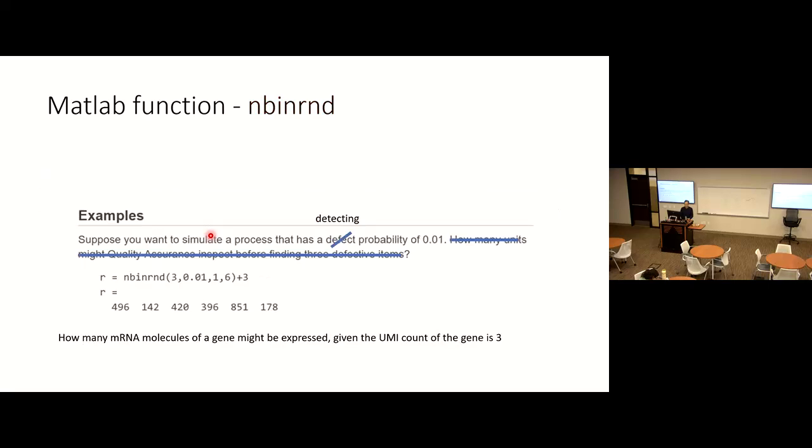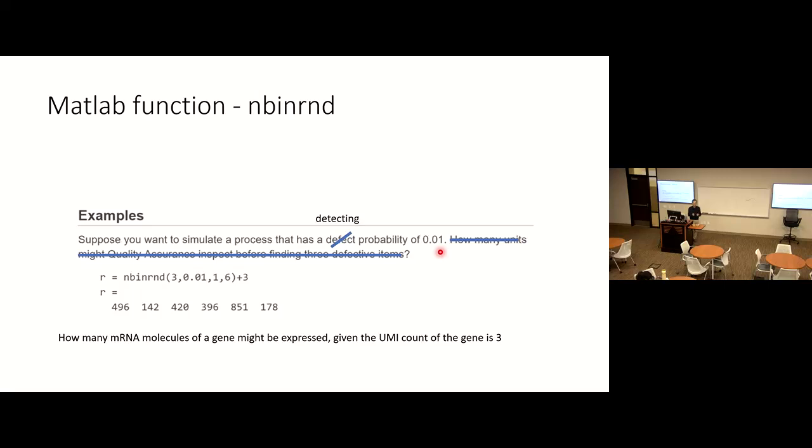So why do we need to use this? Let's change the language. In single cell data, our technique has a detection rate of detecting gene expression successfully of 1%. If you have a gene expressed in that cell, my technique will detect it in 1%.